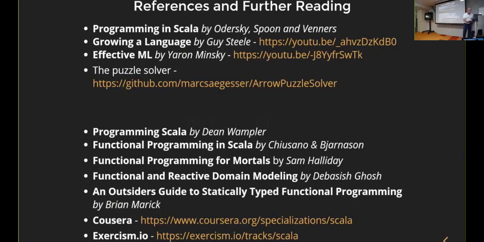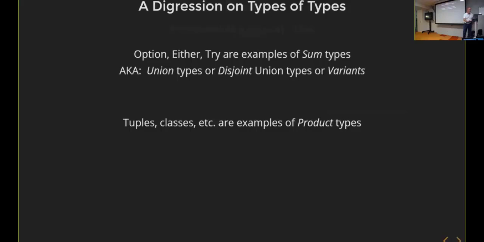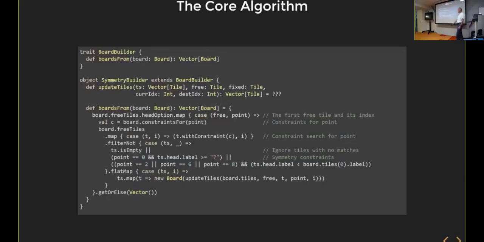The other thing I'll say, I didn't want to dig into it in the talk, just because it's not super important. This is going back to the arrow puzzle. You might have wondered about this boards-from thing: start with a board and give me new ones. You might have thought, well, that might be a method on board. So here, start with a board and give me a bunch of new ones. But that's not how I did it here.